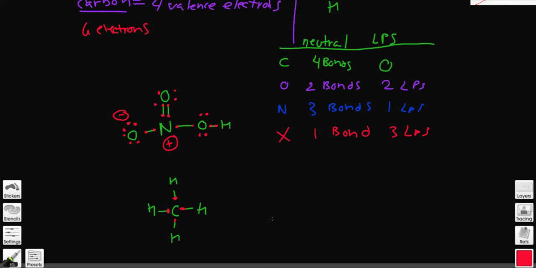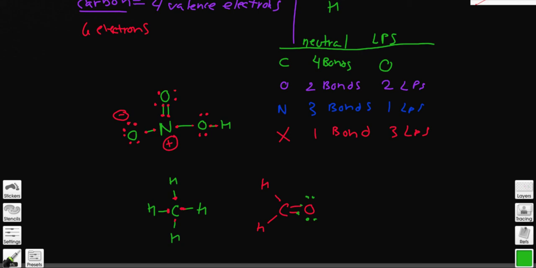Let's say we drew a C double bonded to an O, and then we draw 2 H's off of here, and the oxygen has 2 lone pairs. So we have 1, 2, 3, 4, 5, 6. Look at that: 2 bonds and 2 lone pairs.